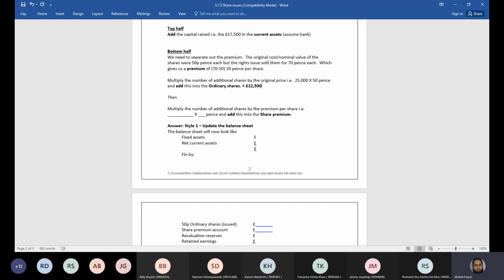Yeah, 12,500. And of course, 12,500 is not the same as 17,500. We're short. Why are we short? Because we haven't done the premium. The premium will be the additional number of shares, which of course is 25,000, times the premium, the difference between the nominal value and the price we've sold them at. We've already calculated that at 20p.